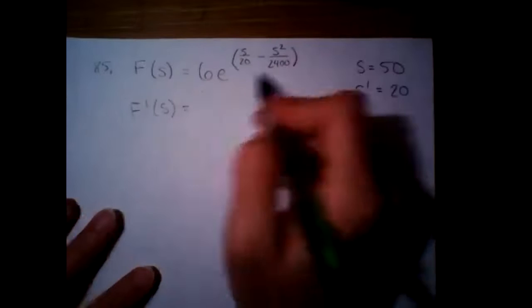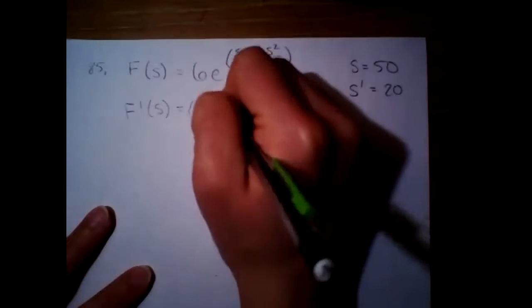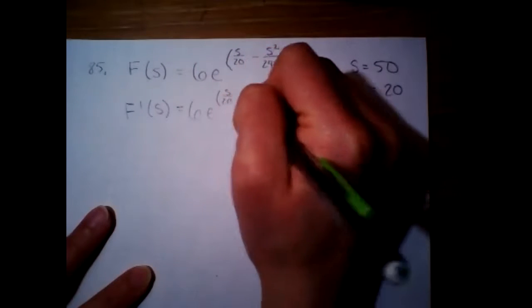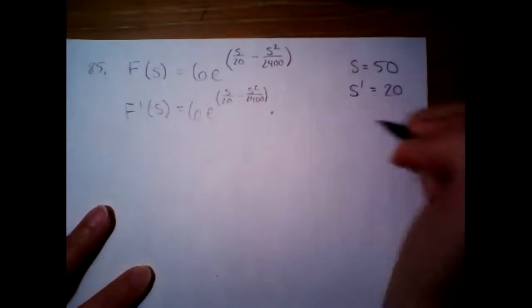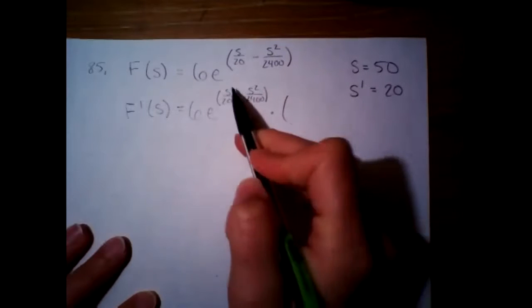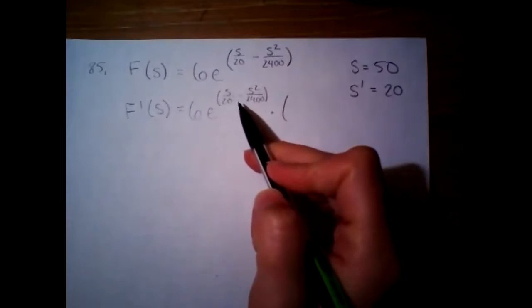So we're going to do this derivative and then plug in the values that they gave us. Right? So e is its own derivative, so it's going to just be all of this stuff. I'm just recopying it. And then there's a chain rule. We have to chain on the derivative of what's in here.